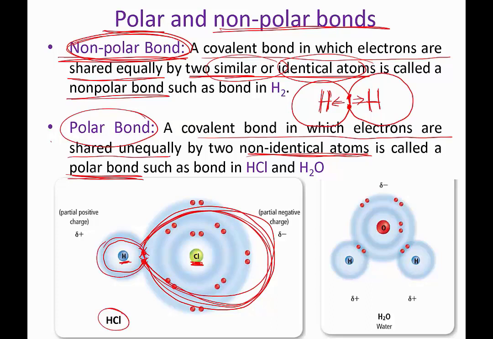What's the result of this? Because the electrons move around the chlorine most of the time, the chlorine turns partially negative. We call it delta minus. And the hydrogen becomes partially positive. We call it delta plus.